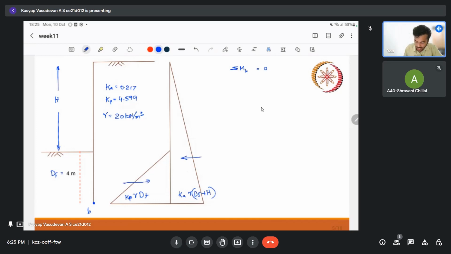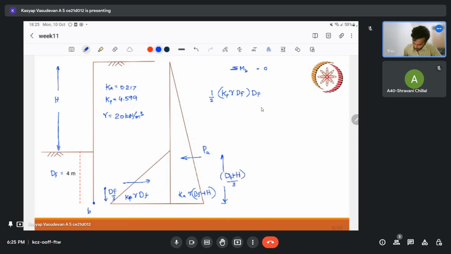For the passive side, I can write the area of the whole triangle as half into Kp gamma Df, that is the base, into the height, which is Df, into the distance. This distance is nothing but Df by 3, and this distance is nothing but (Df plus h) by 3.